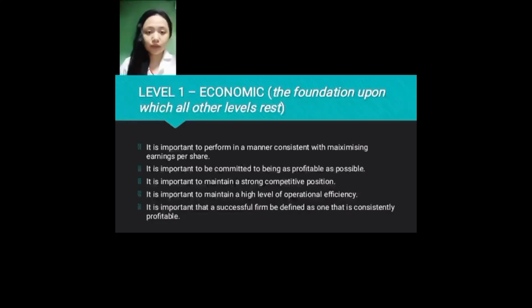It is important that a successful firm be defined as one that is consistently profitable. Para masabing kumikita ang isang business, kailangan kumikita yung business niya. Nag-i-increase ang profit niya. Next is the legal responsibilities.